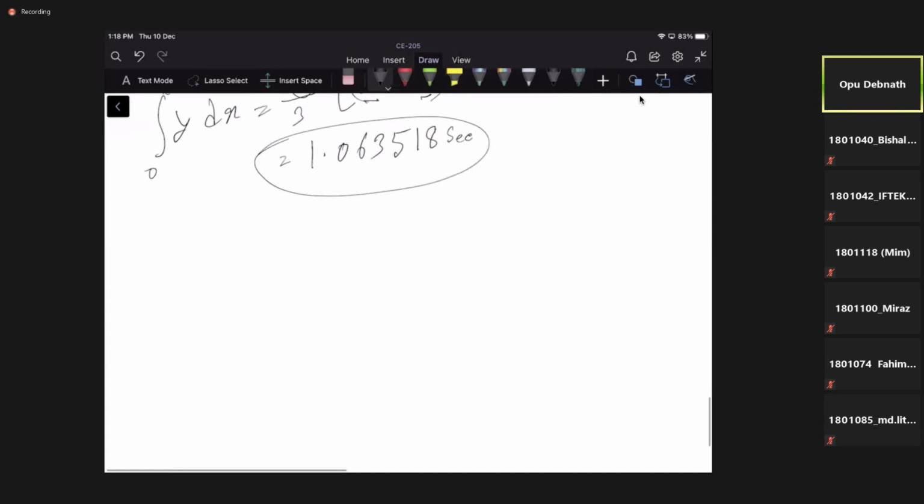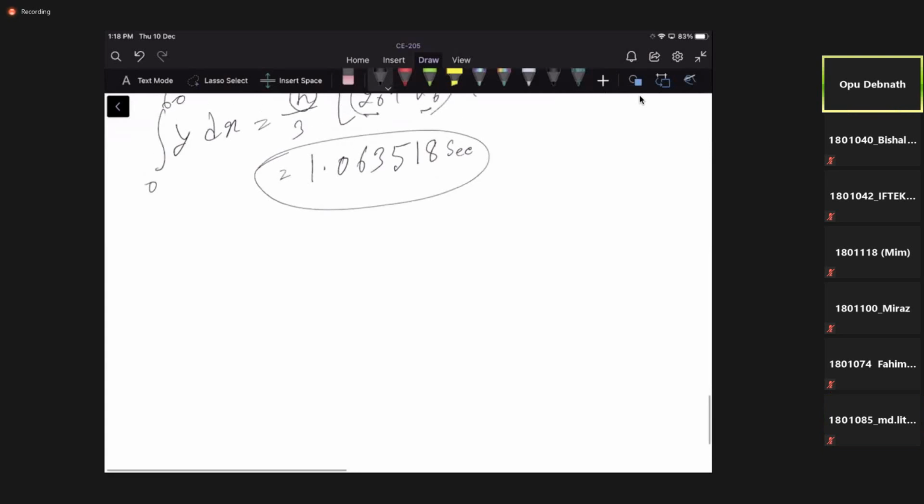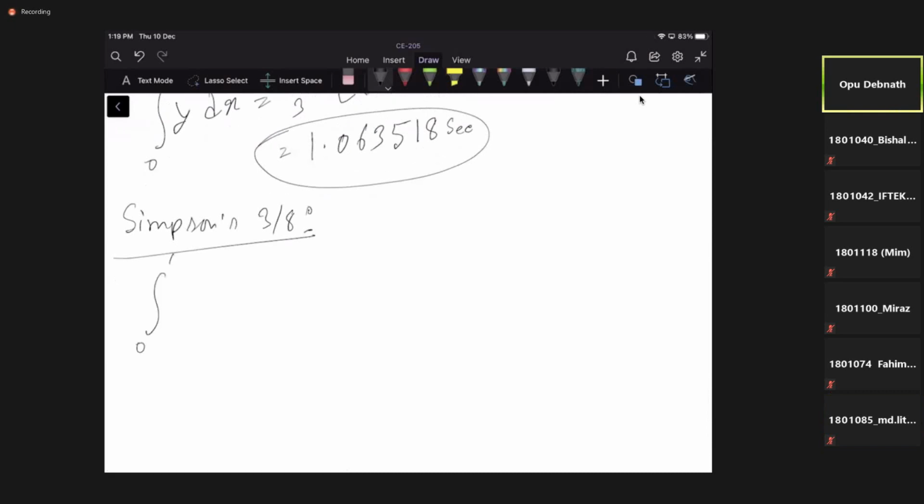Again, if you compare the results for the Simpson 3/8 rule, for Simpson 3/8, the equation for the integral of y dx from 0 to 60 will be 3h by 8 times y0 plus y6, that means first plus last, plus 3 multiplied by other values, that means y1, y2, y4, and 2 multiplied by y3.